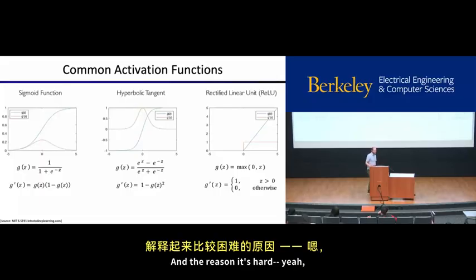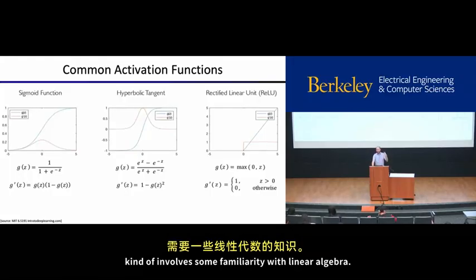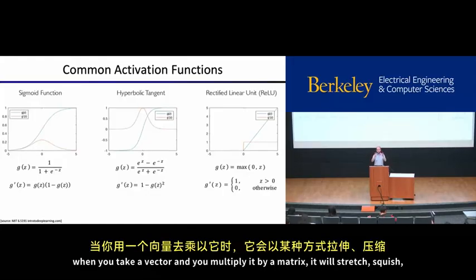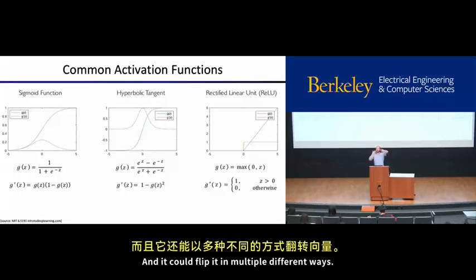And the reason, it's hard. The only way I know of to explain it involves some familiarity with linear algebra, but basically the idea is every matrix, when you take a vector and you multiply it by a matrix, it will stretch, squish, and rotate it in some way, and it could flip it in multiple different ways.